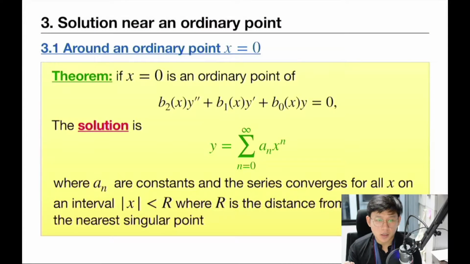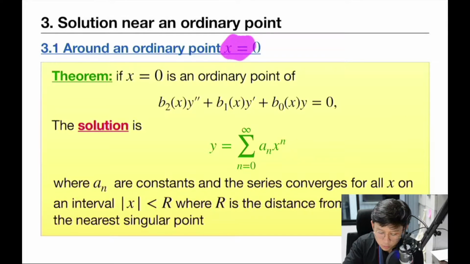Okay, so let's begin. For the solution near an ordinary point, we have two subsections. The first section will be when we look around an ordinary point x equals 0, and that is the first case.